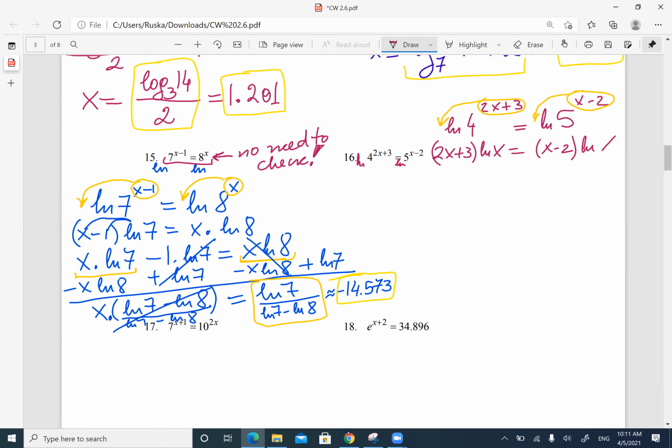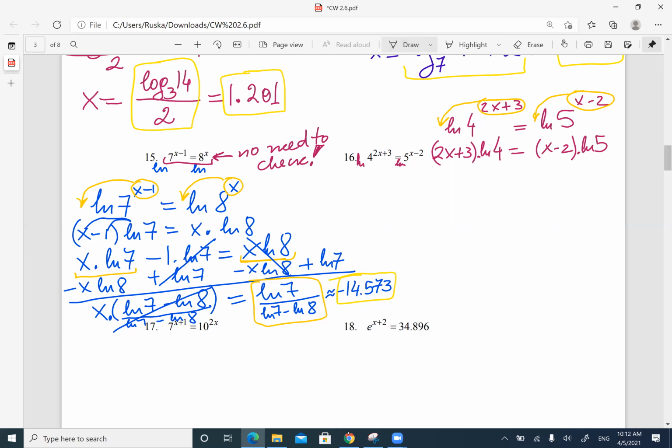I'm sorry, ln 5 and ln 4. I don't know why I put x here. It's not x. It's 4 and this is 5. Okay? So we took ln on both sides, and then we moved the exponent in front. We have multiplication here, multiplication here.